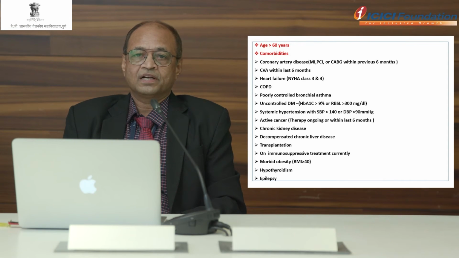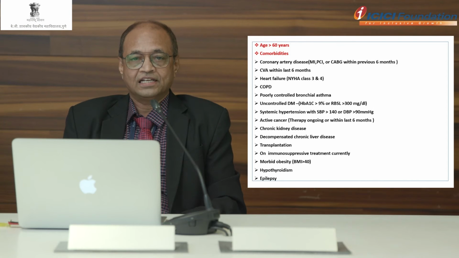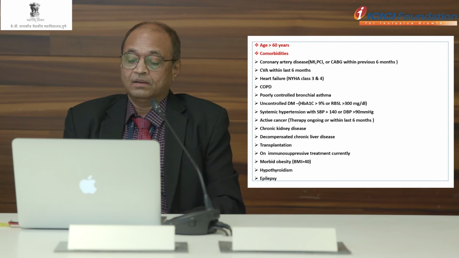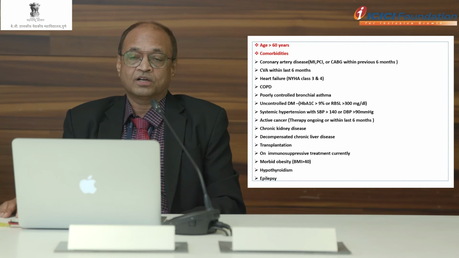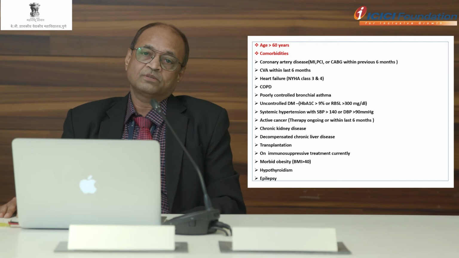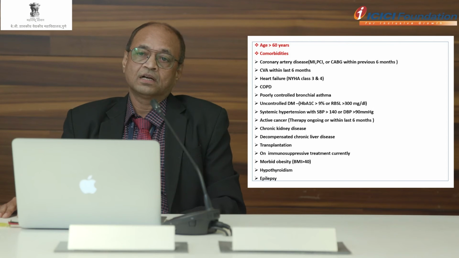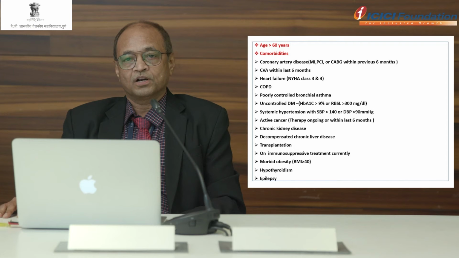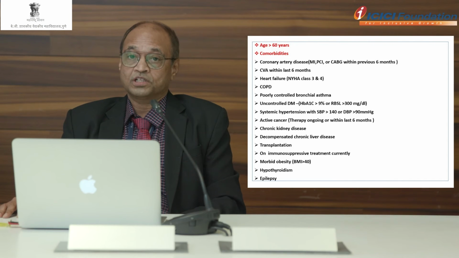And why are these comorbid conditions required to be known to us? Because the patients are going to land up in a serious illness, and when the patients have these comorbidities, attention to their management is also very important. The management of diabetes mellitus is extremely important in these patients, because what has been observed is that most of the patients land up with one of the important complications of diabetes, that is diabetic ketoacidosis.